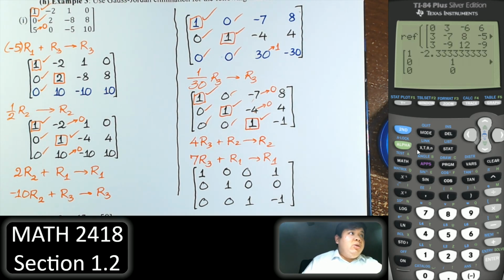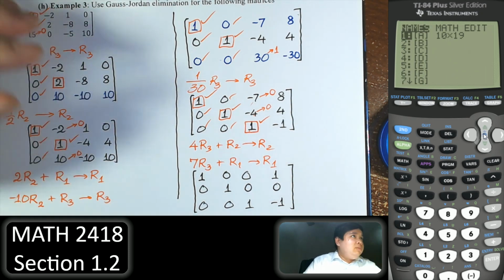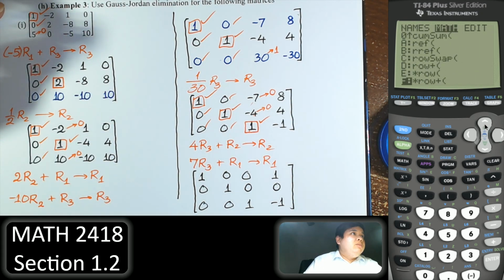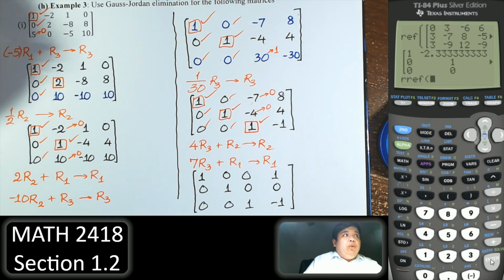So if we want to, second matrix: reduced row echelon form, applied to the matrix.